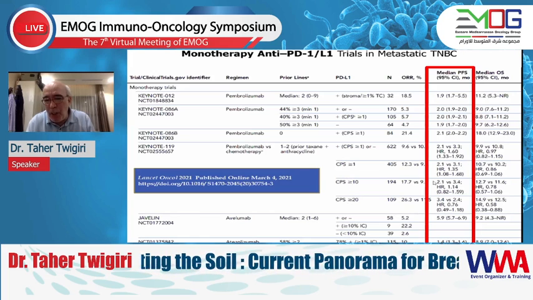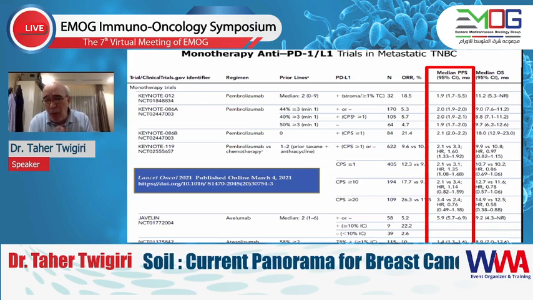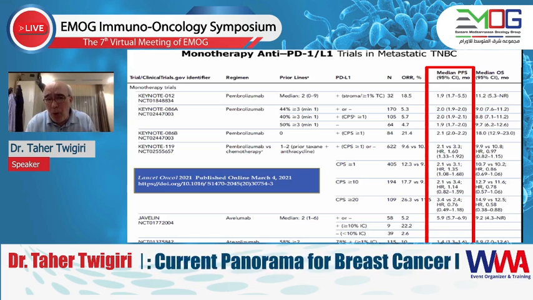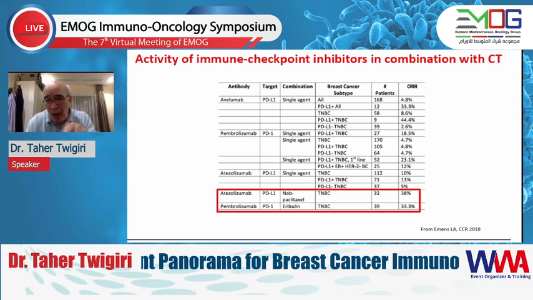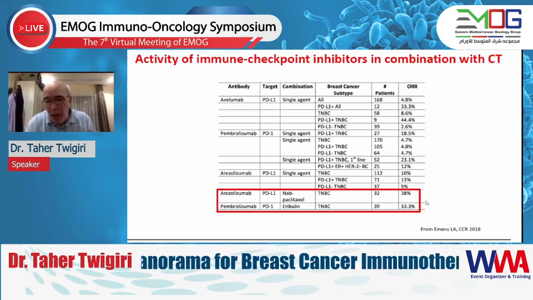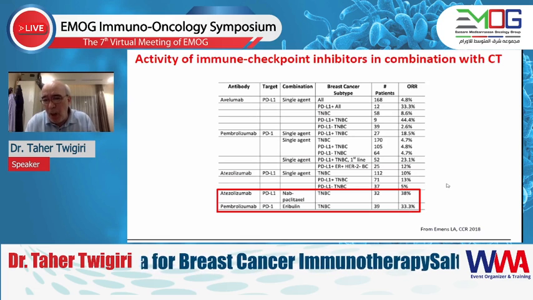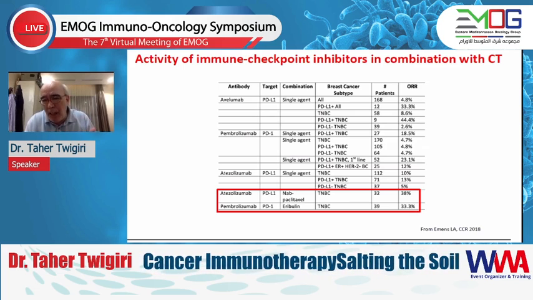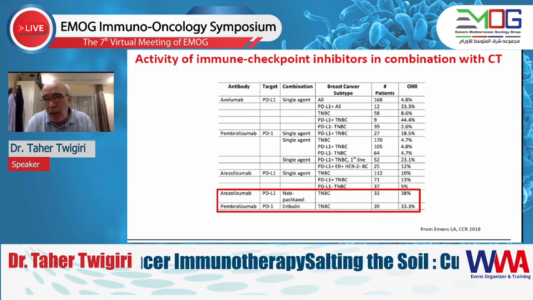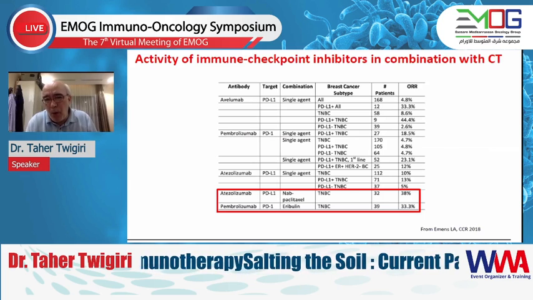Again, the progression-free survival is not dramatic. So the first message that I want to give you: don't spend money on monotherapy for a patient with triple-negative disease. Now, when they add chemotherapy, the overall response rate increases to 38 and 32, which in my opinion is not helpful, given that the overall response rate in monotherapy, either Atezo or Pembro, is very, very small.